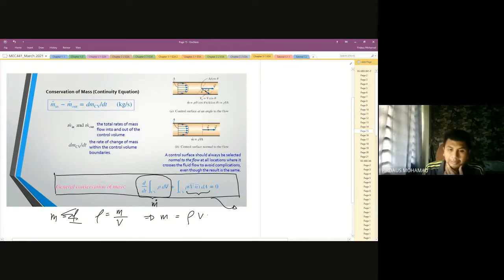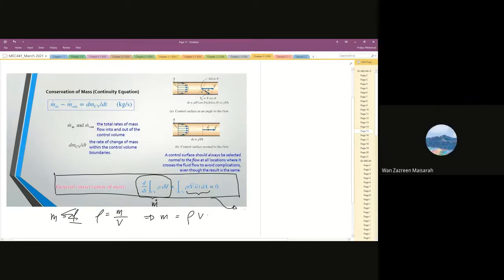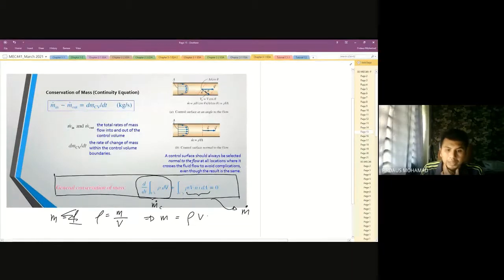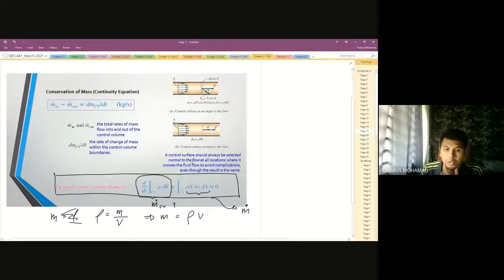Rho V and dA, what is it? What we learned earlier: mass flow rate. So it means m dot for the control volume plus m dot for the control surface. So that is the conservation of mass, the basic or general conservation of mass. Because rho, dA which is area, and velocity together give mass flow rate.